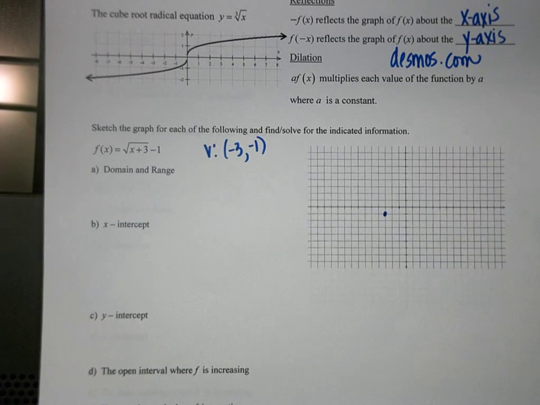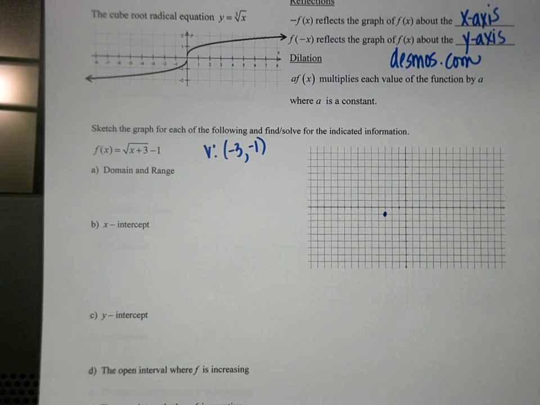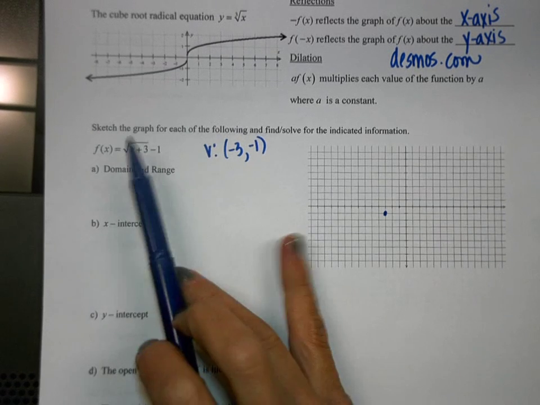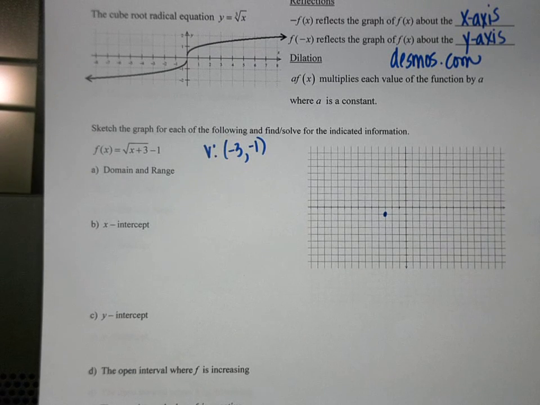Now we kind of talked about root functions in that it's like half of a sideways parabola. Do you guys remember that? Kind of, sort of. Okay, so we kind of talked about just plugging in values to kind of find what's going on. Another way we can think about this is that the a value on here is 1.